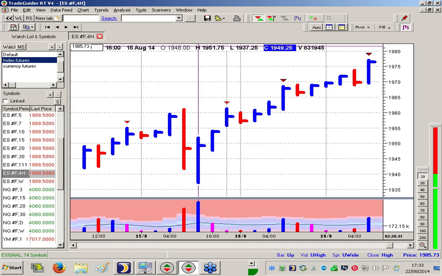The significant thing is that you have this shakeout here, which they love to do, especially in the S&P 500. This is a ploy. It's like a desperate attempt to shake the market out.